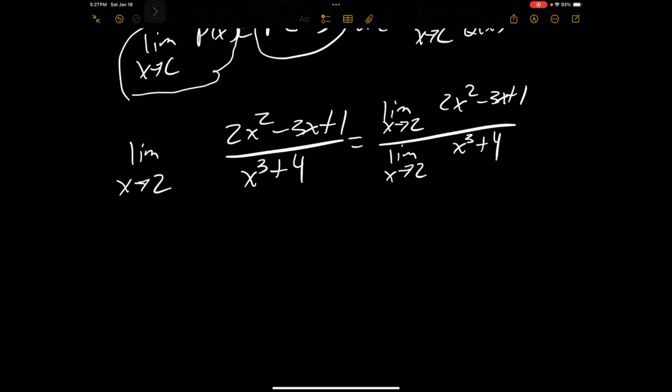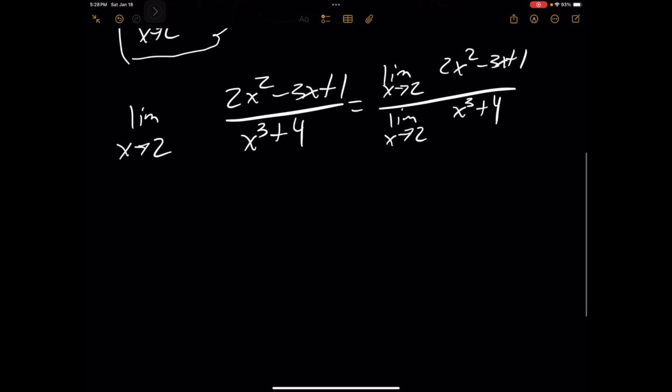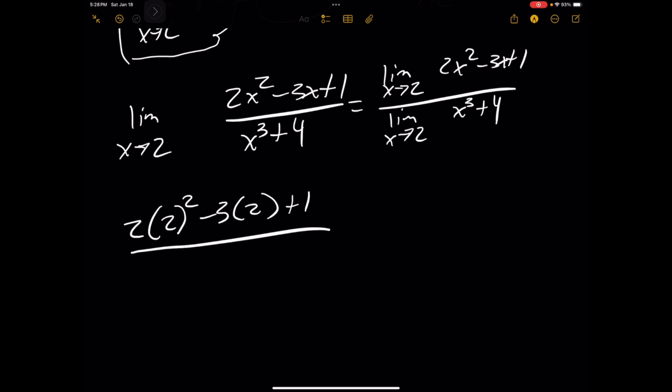And from here, we can just plug directly in because we see that we won't get a 0 in the denominator. So if I plug 2 directly in, I get 2 times 2 squared minus 3 times 2 plus 1 on the top. And on the bottom, I get 2 cubed plus 4.